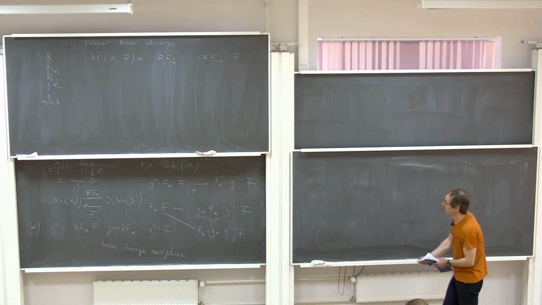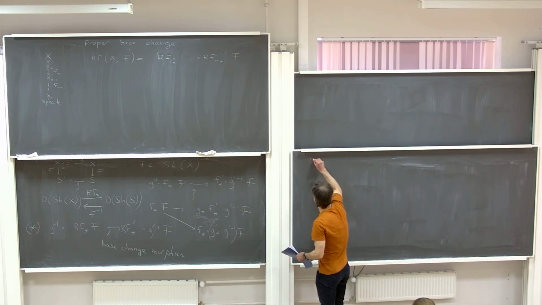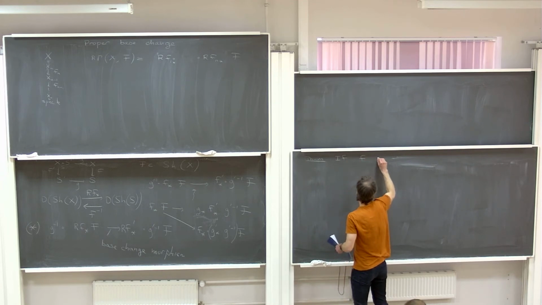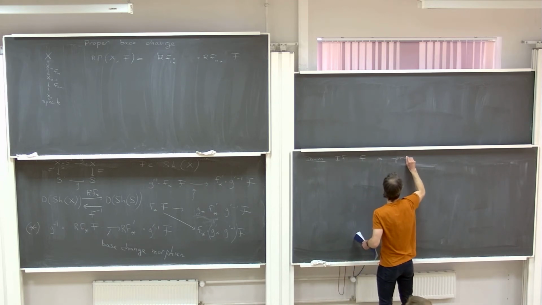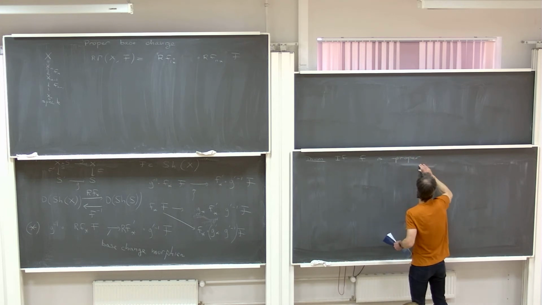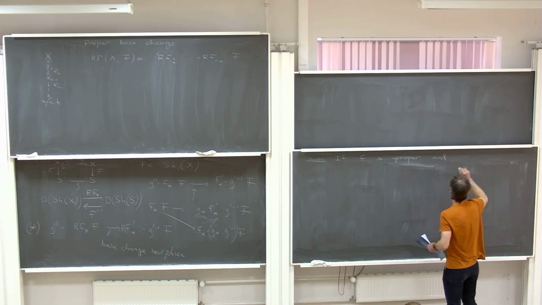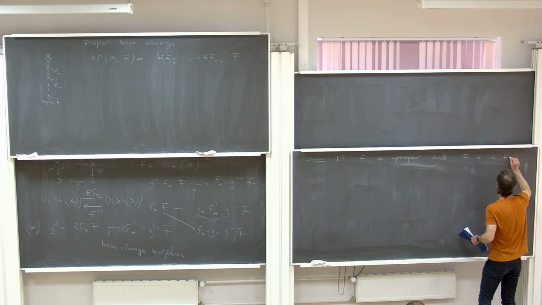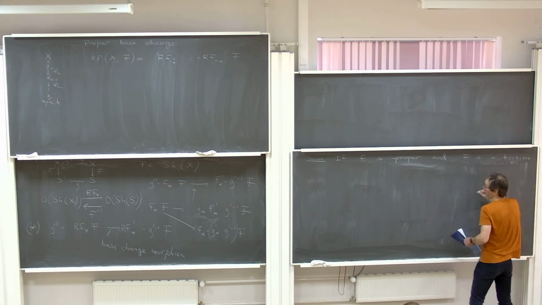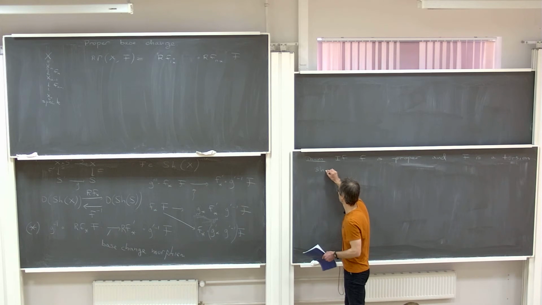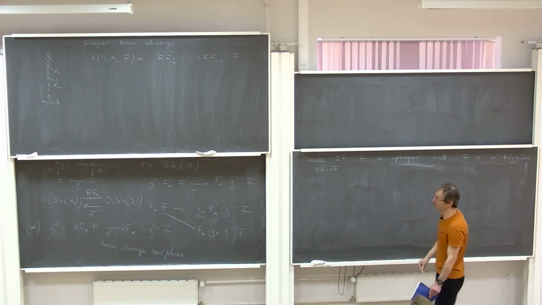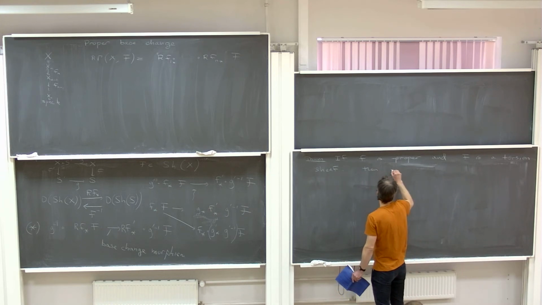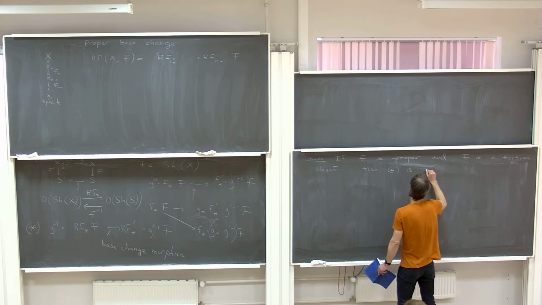Commutative square. So now the theorem is that if f is proper and F is a torsion sheaf, and torsion sheaf means that all its stalks are torsion abelian groups, then this map is an isomorphism.